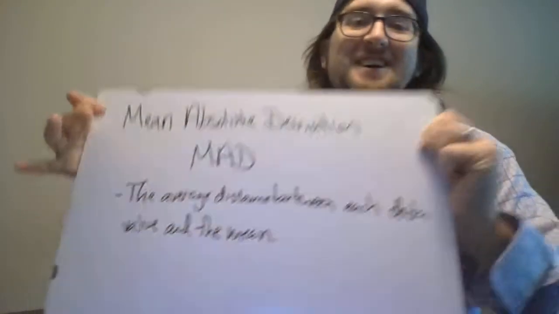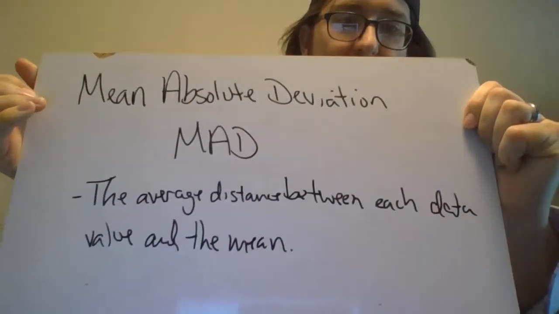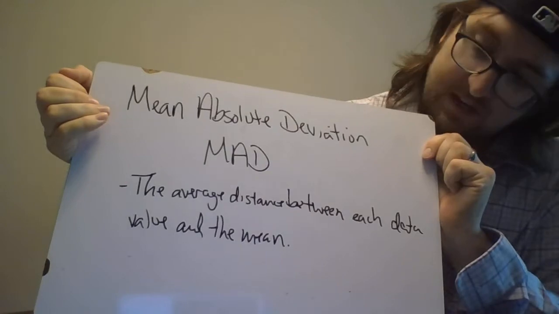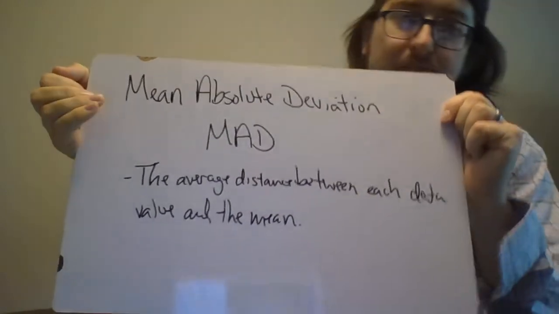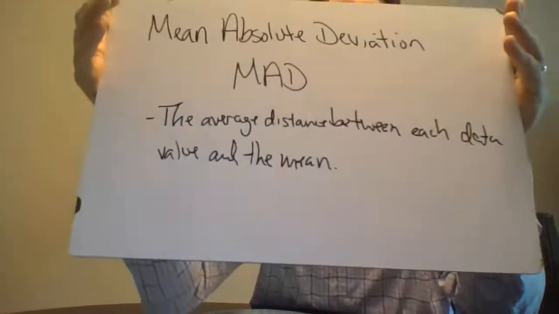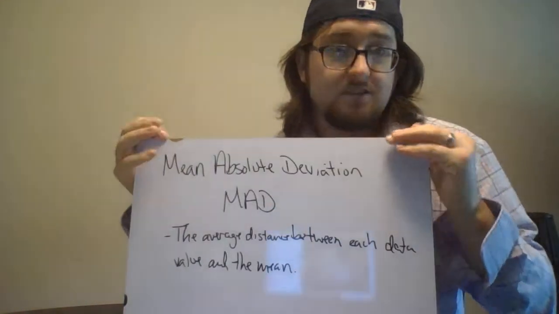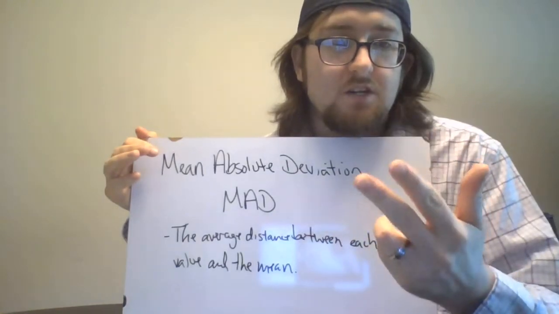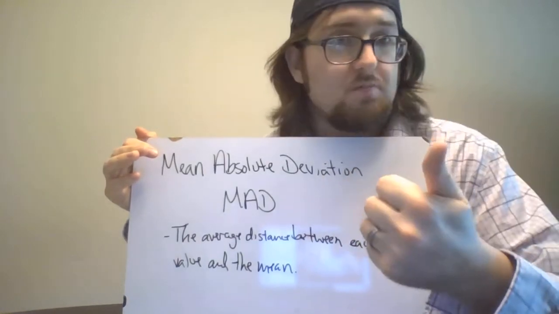So what is mean absolute deviation? Well, first off, it's very tedious, but the mean absolute deviation, or MAD, is the average distance between each data value and the mean. That tells us right there, when you look at the term mean absolute deviation, we're going to be using mean.